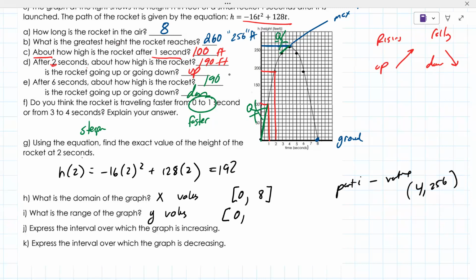So in this case, it would be 0 to 256 because it starts on the ground. That 256 is the maximum value.